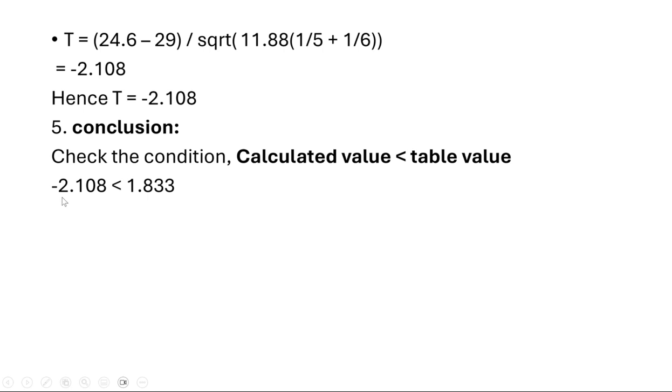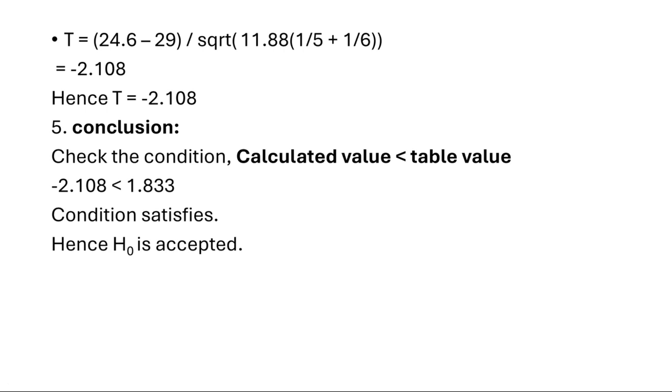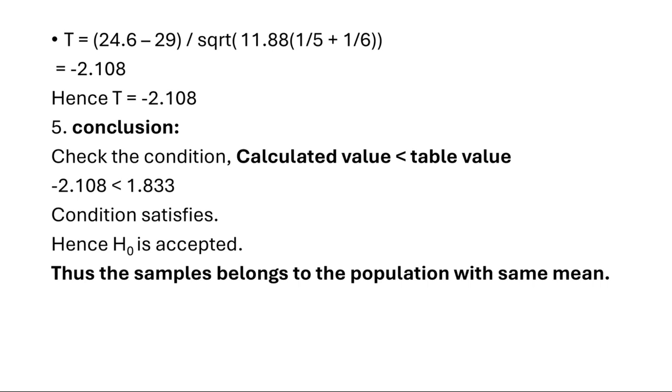Your calculated value is minus 2.108 and it is less than 1.833. So the condition is satisfied. If the condition is satisfied, we have to accept the null hypothesis, which is H0. Hence H0 is accepted. Thus we can conclude that both the samples are from the normal population with the same mean.